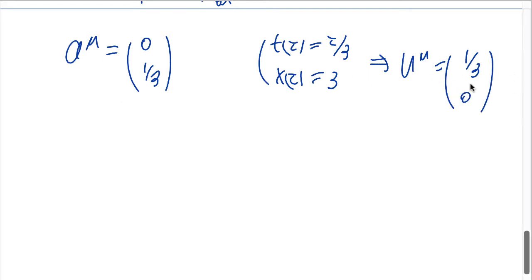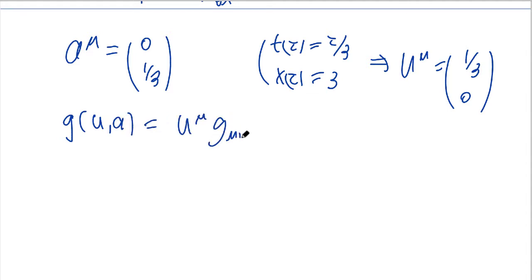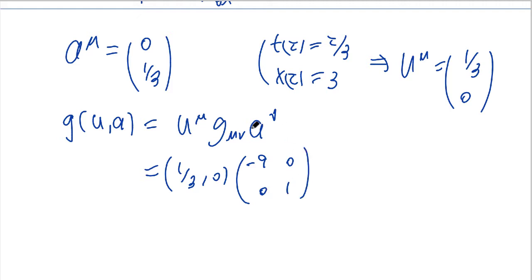So you'll notice that in this example, the acceleration vector and the velocity vector are orthogonal. Explicitly, if we compute the inner product of u and a, in terms of components, that's u mu, g mu nu, a nu, this is equal to 1/3, comma 0. The metric along the world line is -9, 0, 0, 1, and then a is 0, 1/3. So this, if you work it out, is 0.